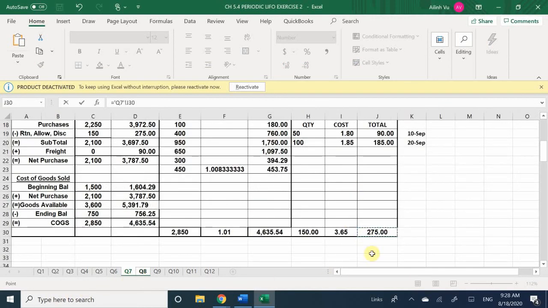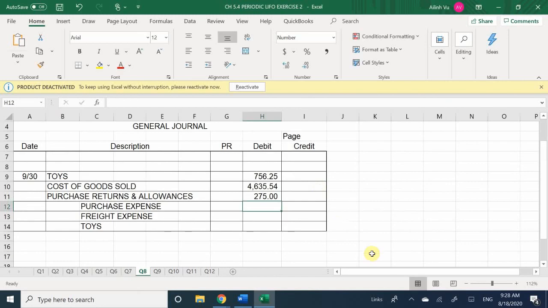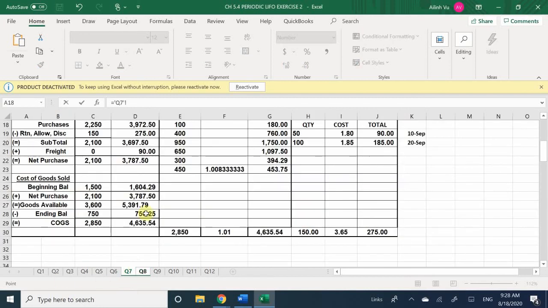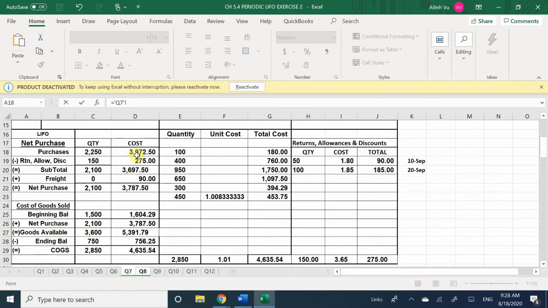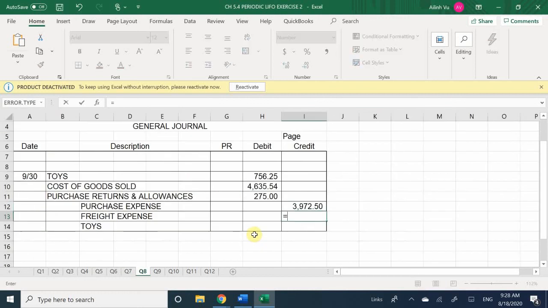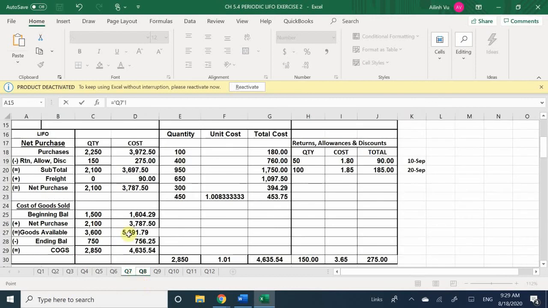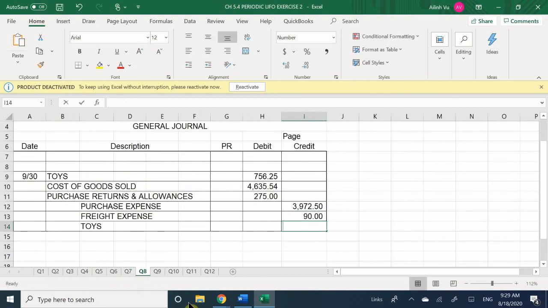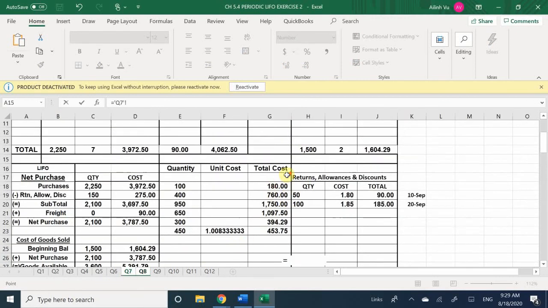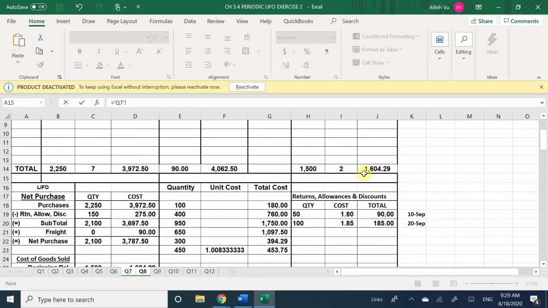Good. And what was my total purchases here? 3972.50. Correct. What is my total freight? $90. Yes. And what was my total beginning inventory? 1604.29.